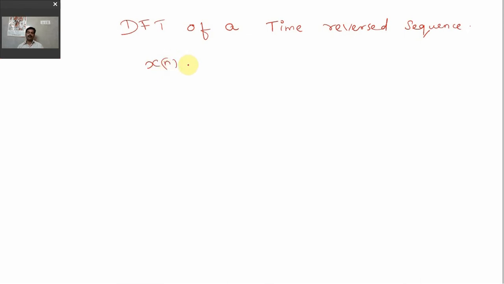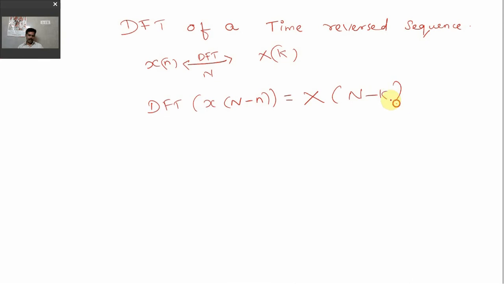If x of n is a sequence, then its N-point DFT is X of k. Now the DFT of x of (N minus n) is equal to X of (N minus k).